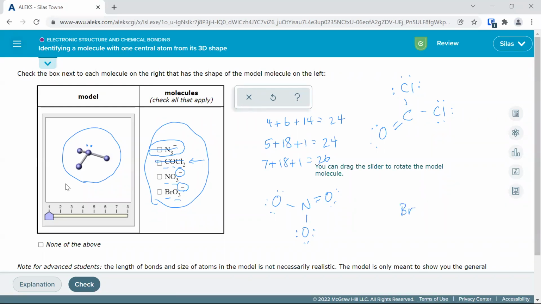So if I draw that out, I can count. 8 plus 8 is 16, plus 8 is 24. 2 more is 26. So that has that lone pair on it that none of the other structures have. So it looks like we're left with just this one.